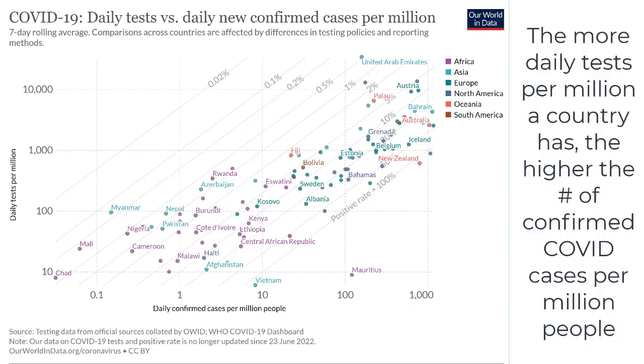So we see here that countries with more daily tests have more positive daily test results. You only are going to get positive test results if you test for it. And there are nations that have very few daily tests, and so they have very few observed or confirmed cases of COVID per million people.